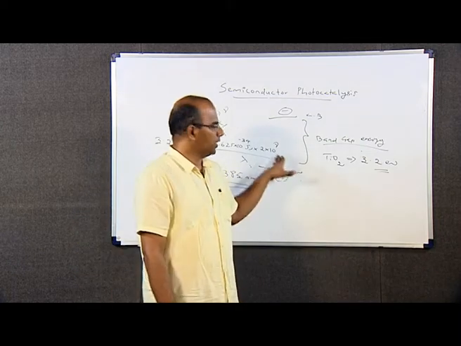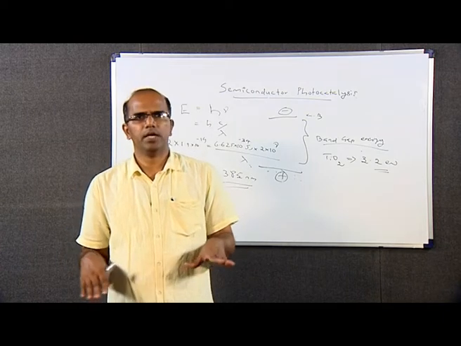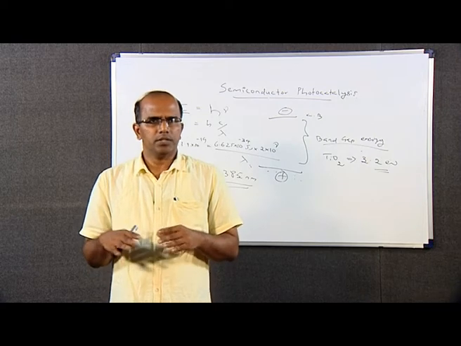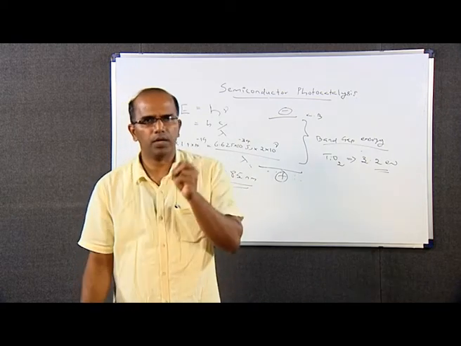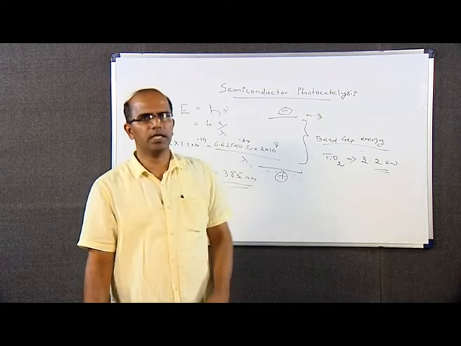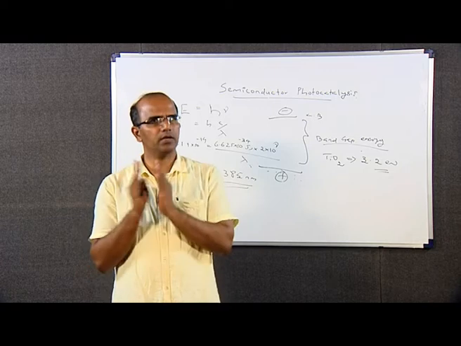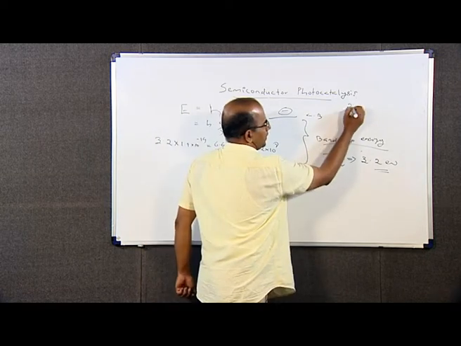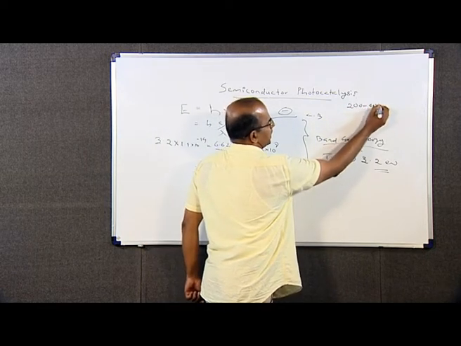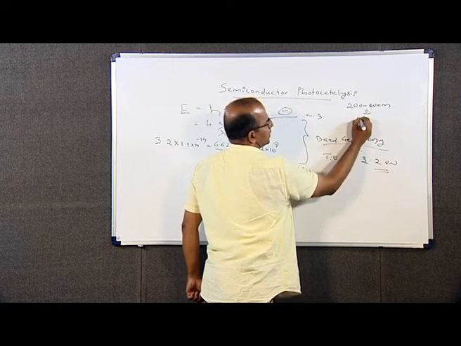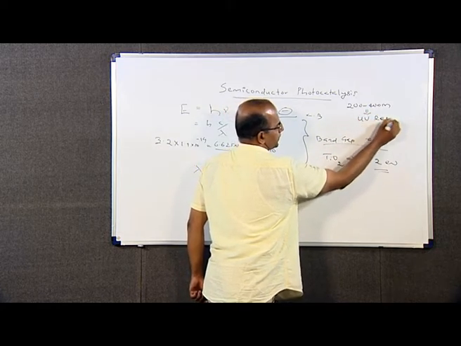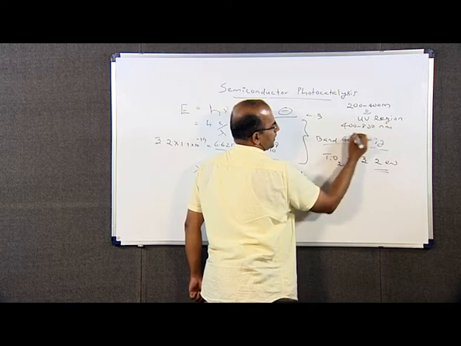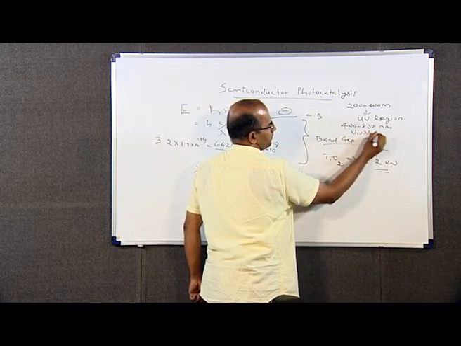Now, if you make a coating of this titanium dioxide on the tile surface or on the glass surface, this type of reaction will happen if you put an energy of wavelength 385 nanometer, and this 385 nanometer comes in the UV region, because we know that in the electromagnetic spectrum 200 nanometer to 400 nanometer is known as the UV region, and 400 nanometer to 800 nanometer is known as the visible region.